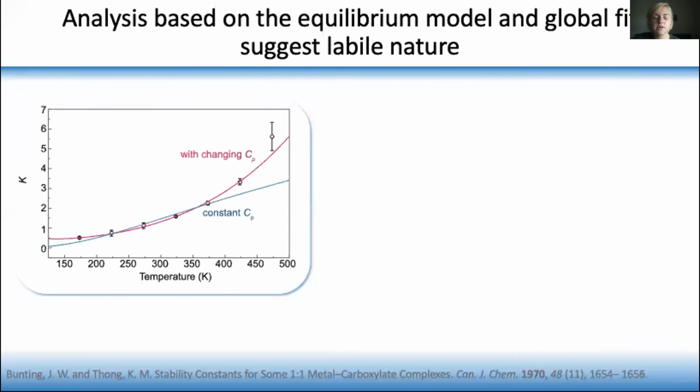Finally, once we derived the stability constants at all temperature values, we were able to fit the data to a modified Van't Hoff equation with changing heat capacity to get thermodynamic parameters like enthalpy, entropy, and heat capacity of the transformation for each system.